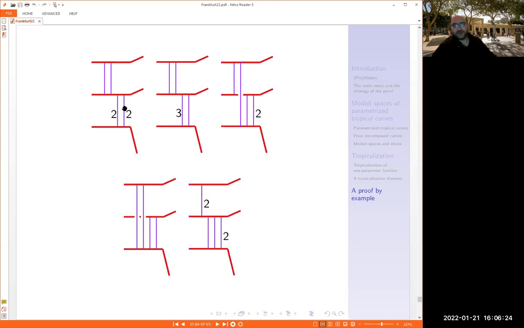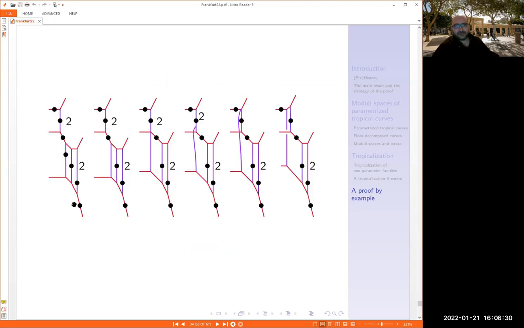So it can be 1, then I don't write anything, or 2 or 3 in these cases. So here on the left, I have the picture of the bottom right type. I have a multiplicity 2 edge joining the top floor with the second floor, a multiplicity 2 edge joining the second floor with the bottom floor, and I have 2 multiplicity 1 edges.